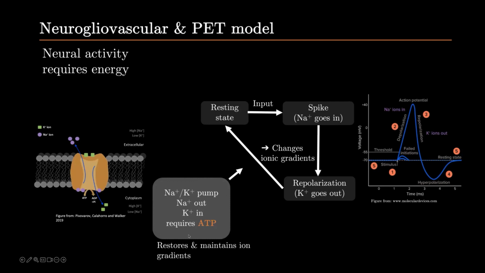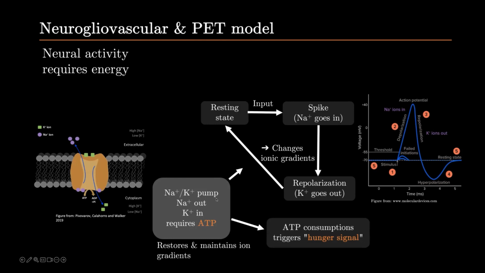Sodium out, potassium in. This whole process is against the ionic gradients, so against the electric field potential. Of course, it requires some energy to move the ions against the gradients. In fact, it consumes ATP. This is the basic energy unit in the body.